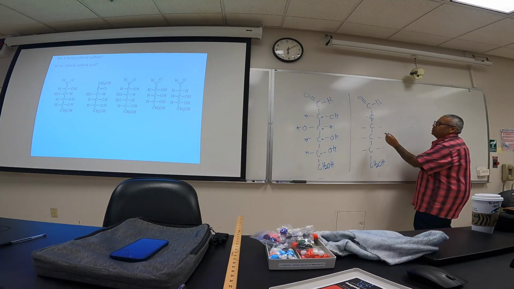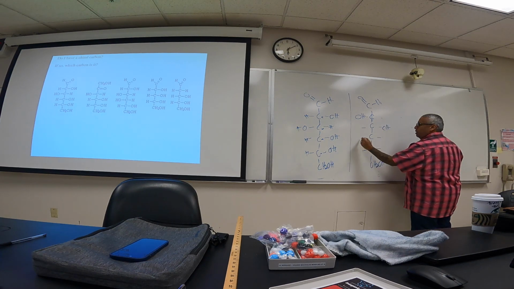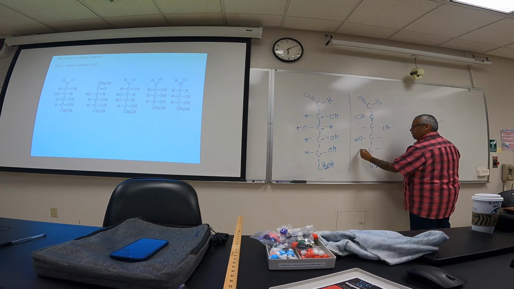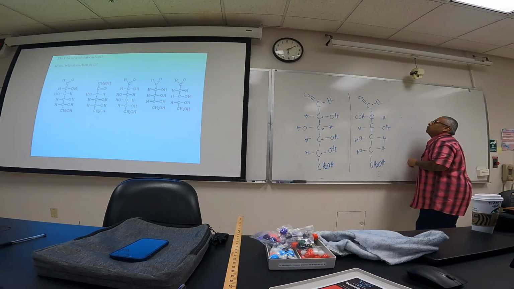But its mirror image is that this is now going to be on this side. This one will be over here, and this one will be over here, and this one will also be over here, and then our hydrogens also get swapped.